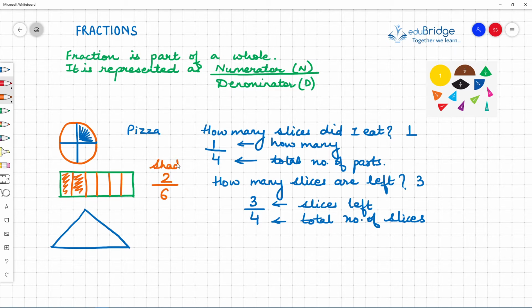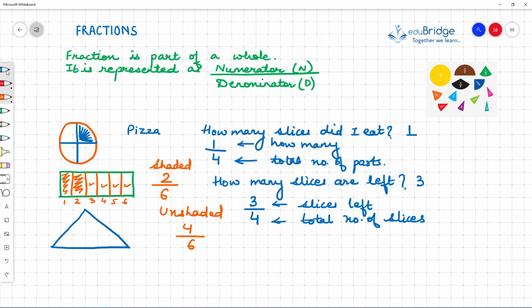So we say shaded parts are 2 by 6. And how many parts are unshaded? That will be 4 by 6. So how many are left? 1, 2, 3, 4. So the unshaded part becomes 4 by the total number of parts 6. So you can see here we have 6 equal parts.